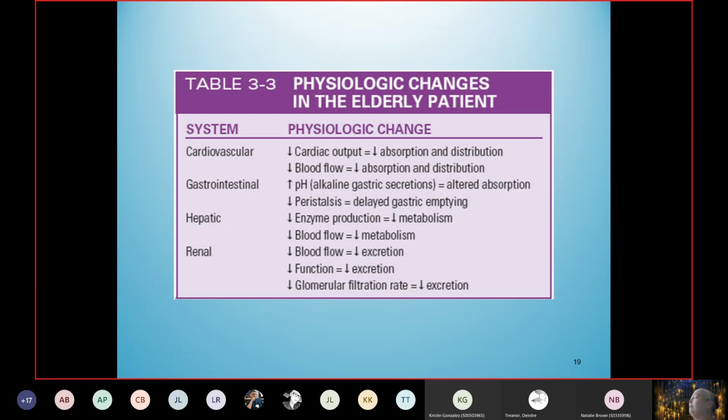Same thing, so decreased cardiac output, you get decreased blood flow. Hepatic, referring to their liver, you have decreased enzyme production, so things aren't metabolized. Decreased blood flow leads to decreased metabolism and also excretion. And then, of course, kidney function. Decreased blood flow decreases excretion, decreased function decreases excretion. So basically, any kidney problem is going to decrease the excretion.